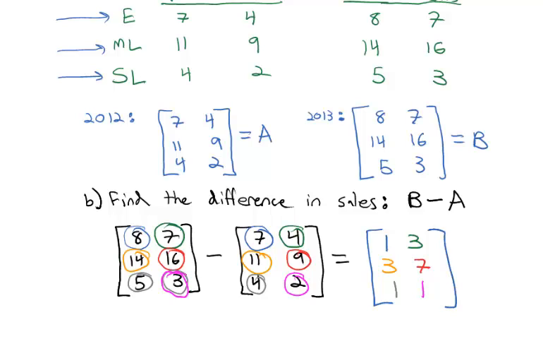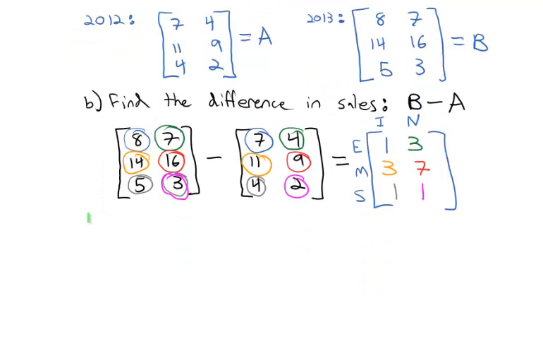And so we can see the difference now in Ephrata's, Moses Lake, and Soap Lake's iPad and Nexus. So we can quickly see in Moses Lake there were 3 more iPads sold. In Soap Lake there was 1 more Nexus sold. We can see those values in the table. It's almost like an Excel spreadsheet.